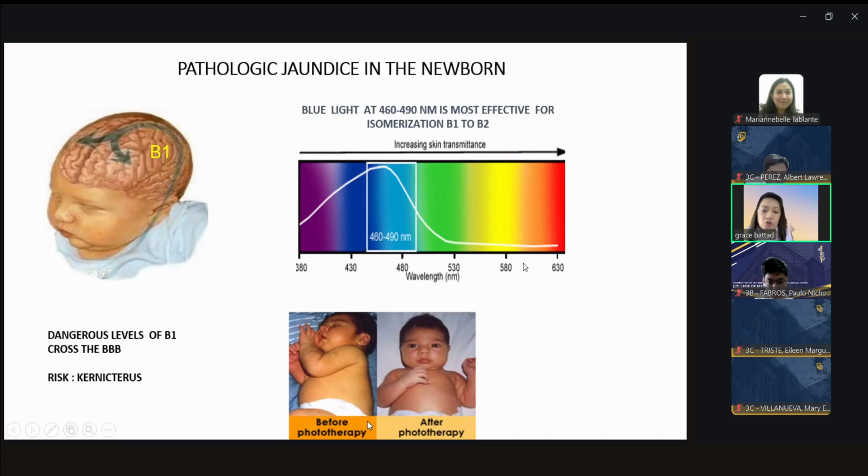Now, for patients who are jaundiced and the plan is to do phototherapy, they are subjected under the blue light, about 460 to 490 nanometers, for effective isomerization of B1 to become B2, which is more water soluble, so that it can be disposed of in the urine. So the patient is under the blue light phototherapy.